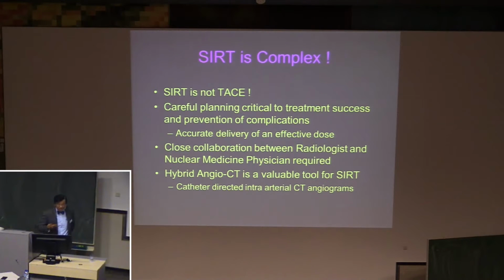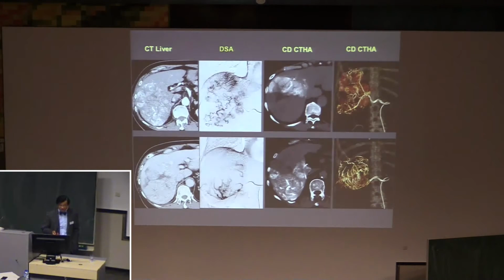So it is very important that in SIRT careful planning is performed, because it is critical to treatment success and prevention of complications. We work on this in close collaboration between our diagnostic radiologists and the nuclear medicine physicians. And in our experience, the hybrid angio-CT system is a very valuable tool in performing this procedure.